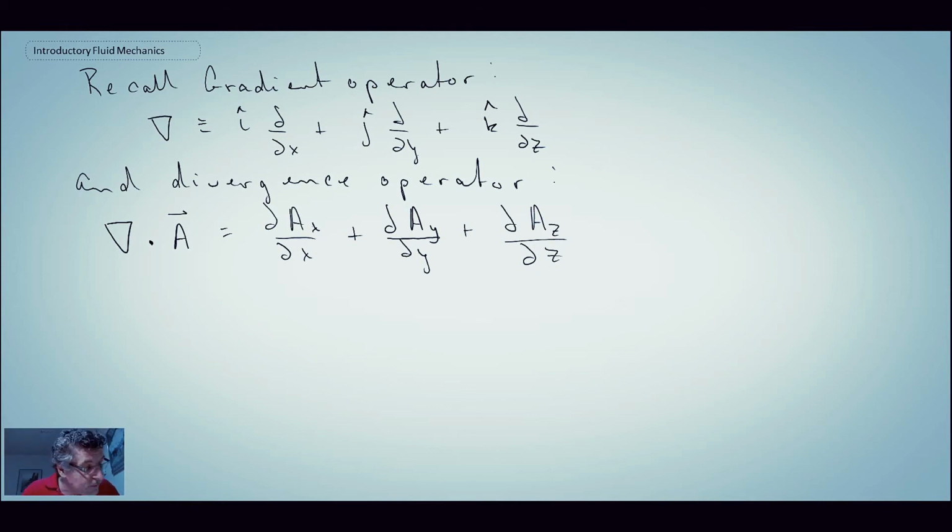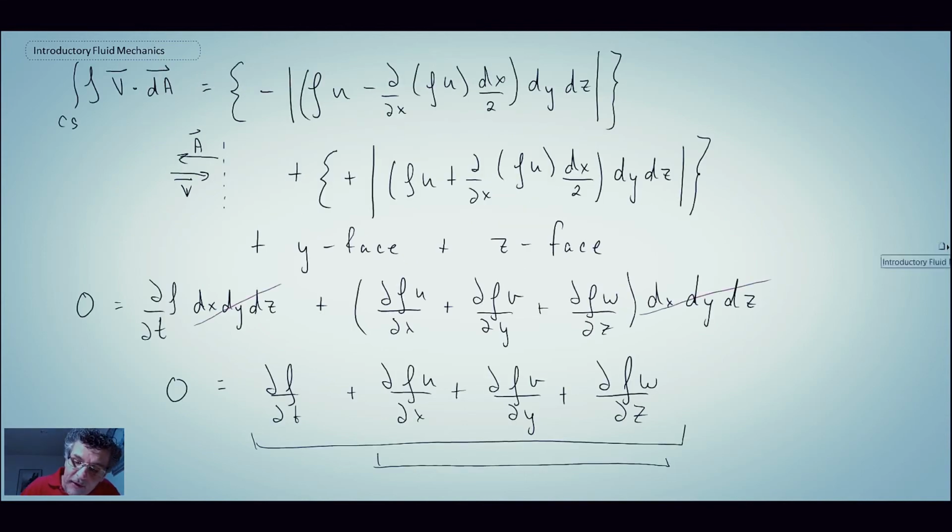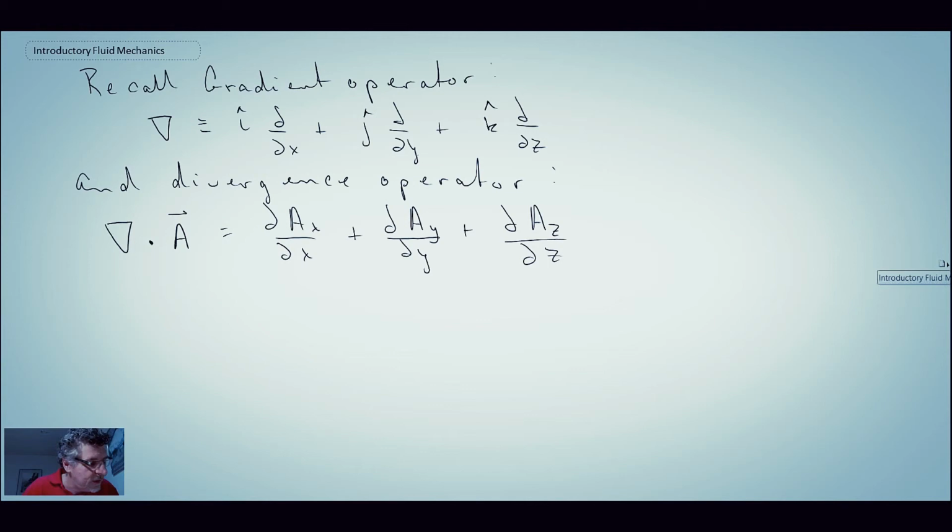So we can use these two operators. Looking back at our equation, we're going to use the divergence operator to recast that. So let's go ahead and do that, and what we end up with is something that looks like the following.